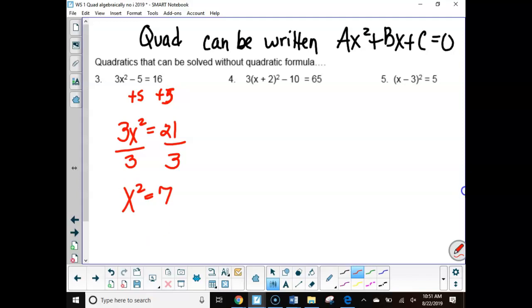All right. Then square root. What do we need to remember when we're square rooting a variable? When you square root an x squared, it really means this. Did you know that? Which means that you get this.